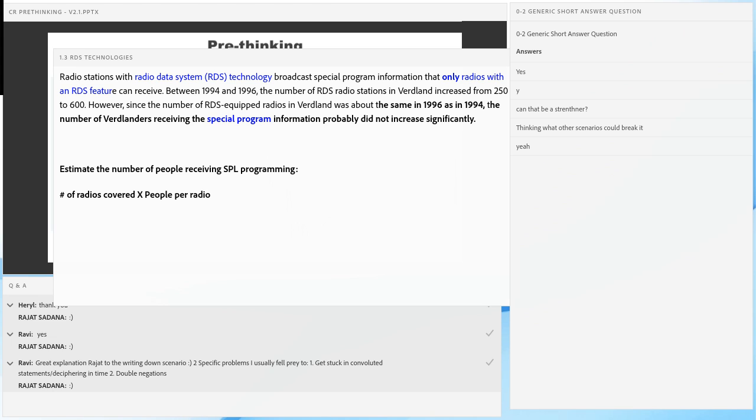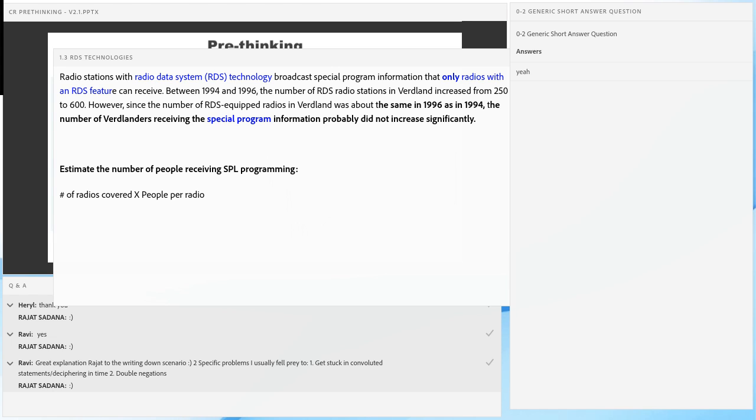How many radios do we cover, and what is the people per radio? Frankly, the argument allows us to increase both. We can't increase the number of radios, that's a constraint that's given to us, but we can really just say the number of radios covered. Is that clear? Very similar to our question on highway miles.